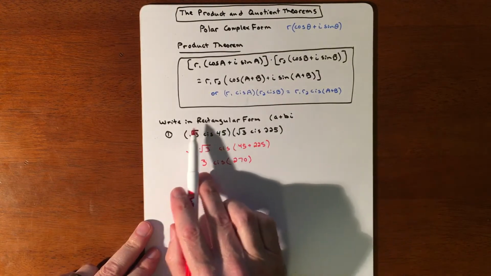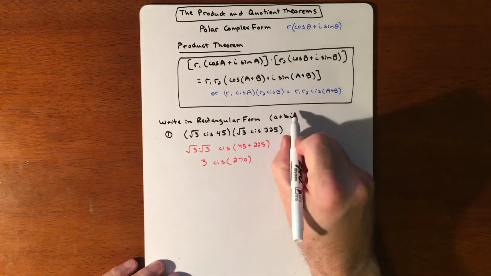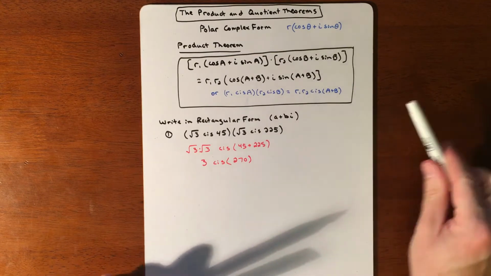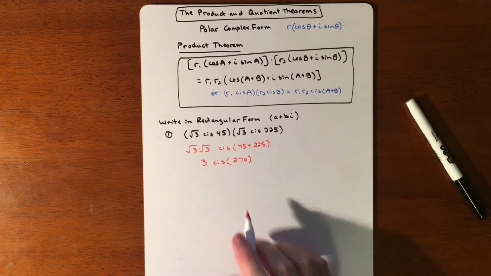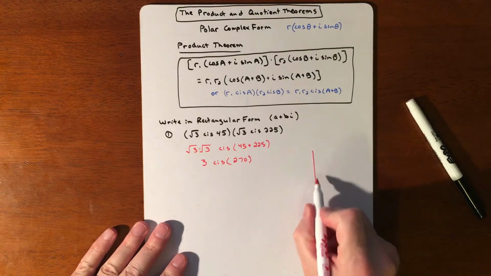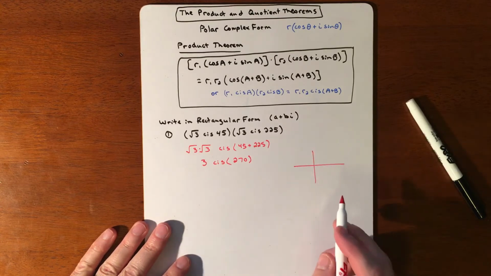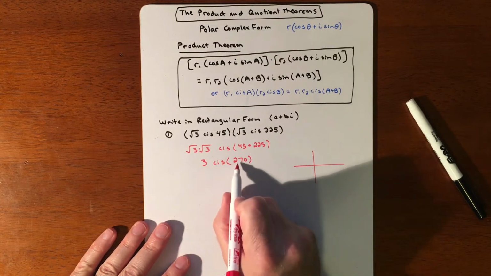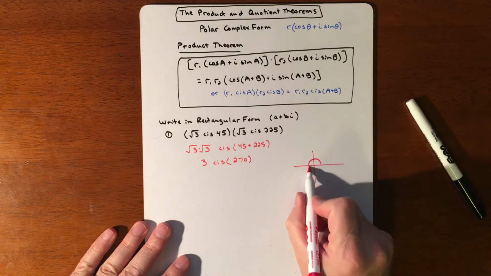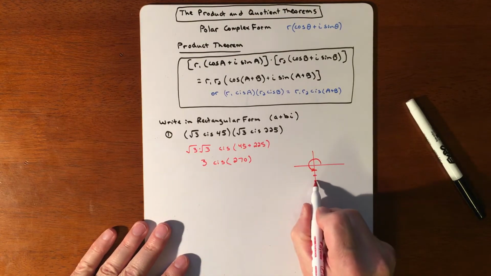However, you are looking to turn it into rectangular form. So we're looking to turn it into a plus bi. So to do that, we really kind of need a visual. So this is a radius measurement, and we are looking to turn it into an x value and a y value, essentially. So if you were to graph this, 270 is here, and we are at a distance out of 3.